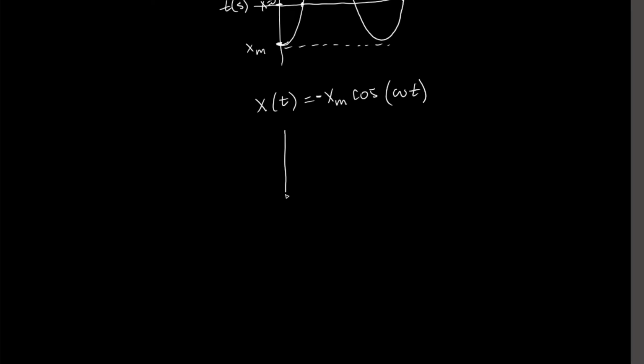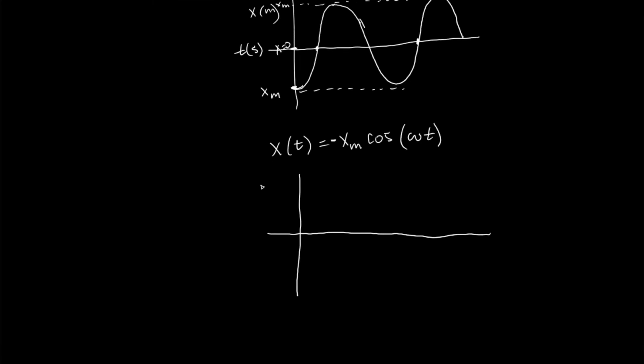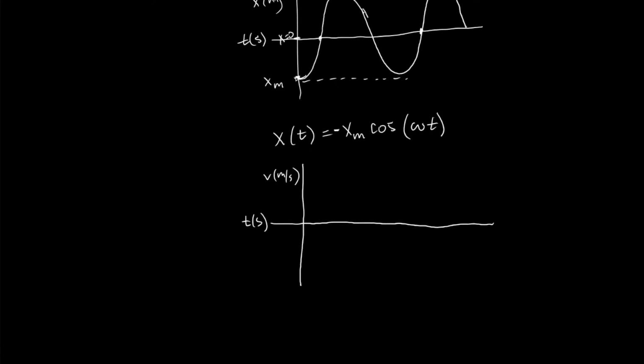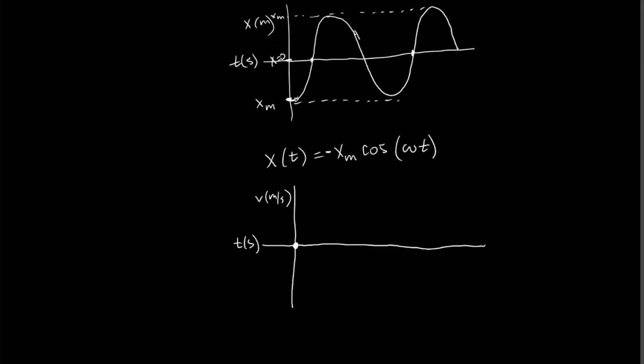This box, while it oscillates, also has some velocity. We can graph that. That might be meters per second versus time in seconds. So it starts down here with 0 velocity. Then it starts going up.